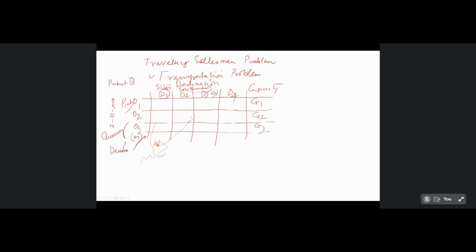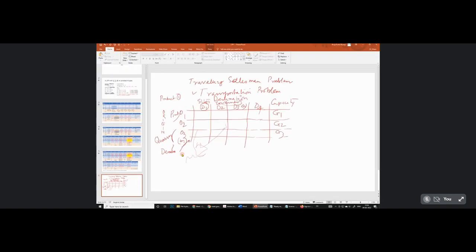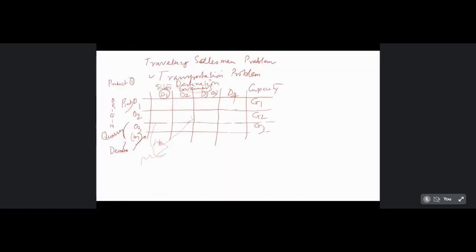Weekly, one consumes W1 amount, one consumes W2 amount, one consumes W3 amount, one consumes W4 amount.